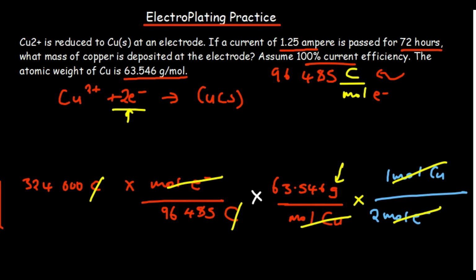On the bottom we've got the Faraday's constant, 96,485, and then a 2 as well. So the value that I'm getting here is 106.7 grams. So that's the expected mass of what? Of copper to be produced. Okay? So with that understanding, we can now move on to the other part.